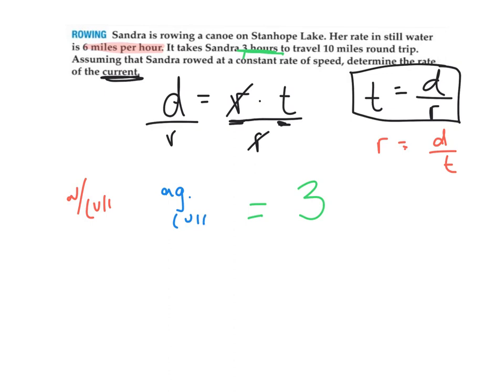Sandra is traveling a round trip, meaning she's going to go out and then come back in. So if we assume that going out she's going with the current and coming back she's going against the current, if we add up those two times, that should give us our 3 hours.